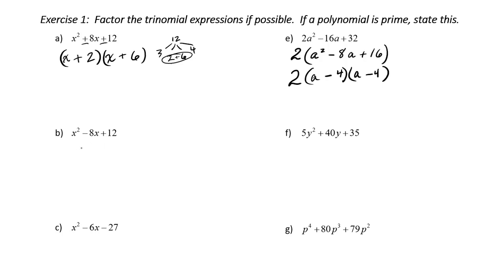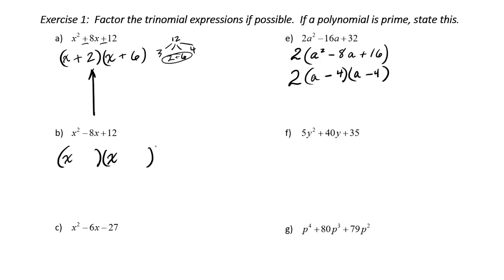Let's look at the next row. We have x squared minus 8x plus 12. Now see how that compares with the one directly above it. We had x squared plus 8x plus 12. Now we have x squared minus 8x plus 12. And so will we have the same answer? Well, in this case, we'll have an x and an x.